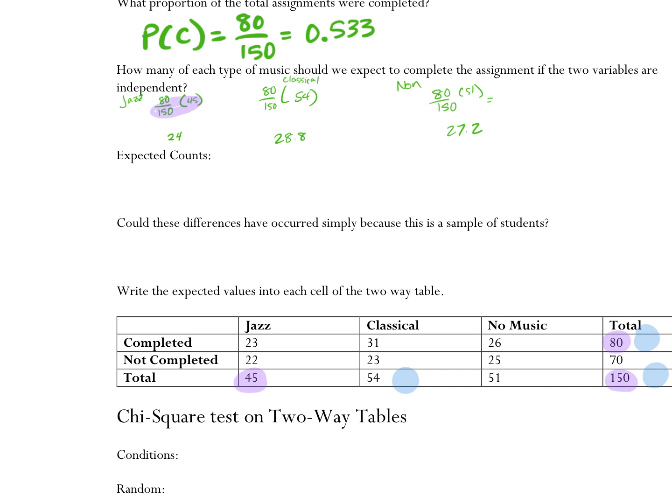If I want to find it for this cell, I'm going to take my row total times my column total over my table total. Okay? So to calculate expected counts on a two-way table, we do the row total times the column total on top, on bottom is the table total.